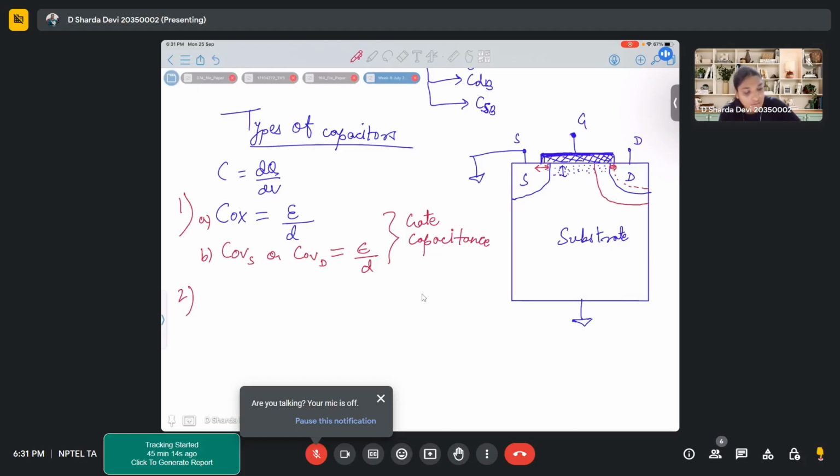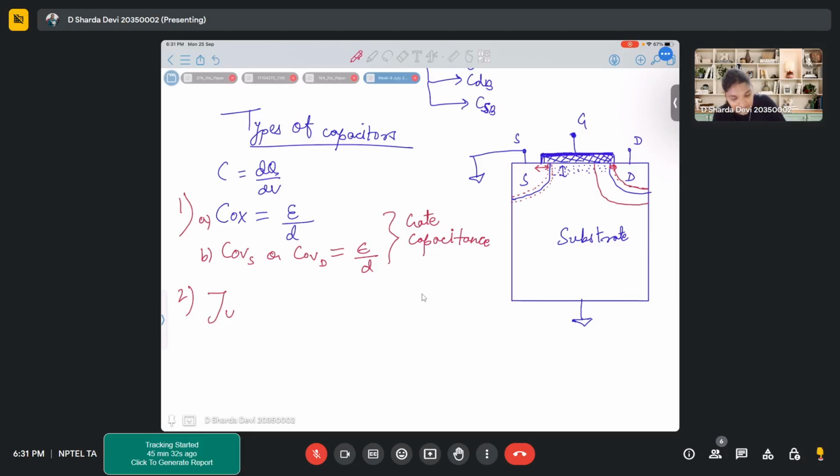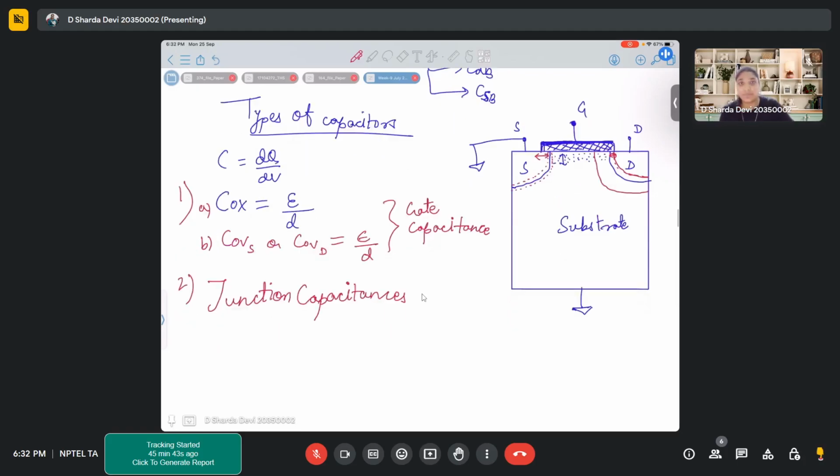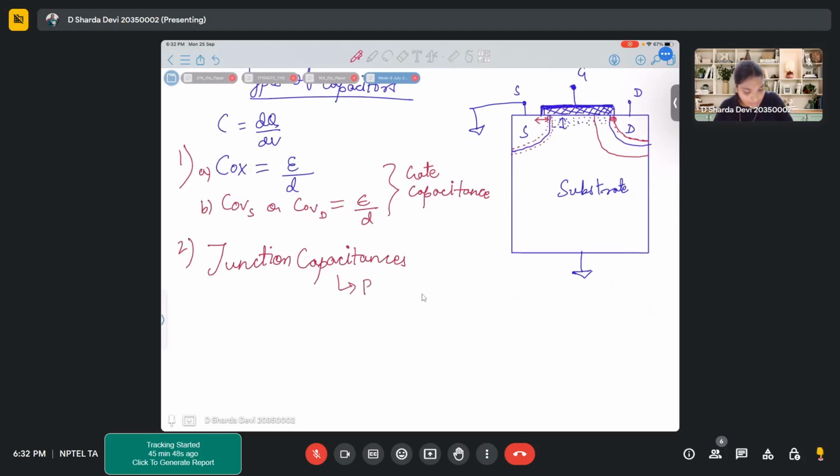And here also, it will be forward biased, but still you will see a small depletion region because of this PN junction. So these two will also correspond to capacitances, and we call these junction capacitances. These are formed due to the PN junctions in the device.